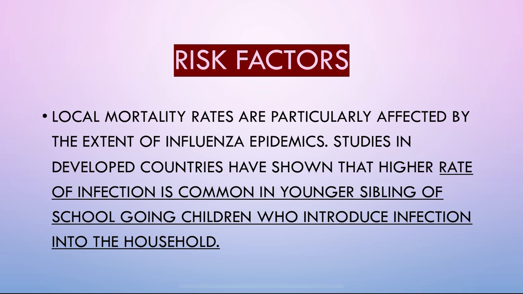Studies in developed countries have shown that the higher rate of infection is commonly seen in the younger siblings of school-going children, who will introduce the infection into the household. The infection spreads from school-going children to their younger siblings, and it will also affect the older adults, that is their parents.